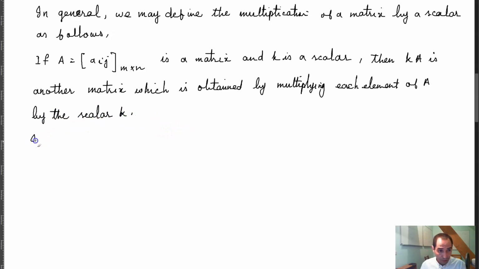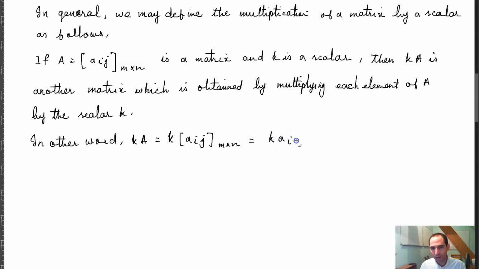In other words, you can say that basically kA is equal to k times the matrix A, which is Aij, m by n, which is the same thing as k times Aij written this way as a matrix of the order m by n.